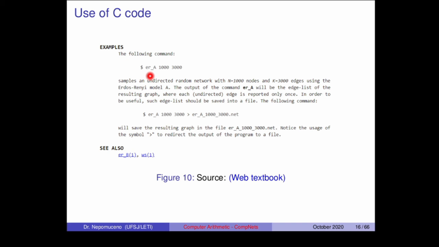For example, here I'm going to produce an Erdős random network with 1,000 nodes and 3,000 edges. You can use it like that, or you can write it this way, so the result of this network is recorded in a .net file.